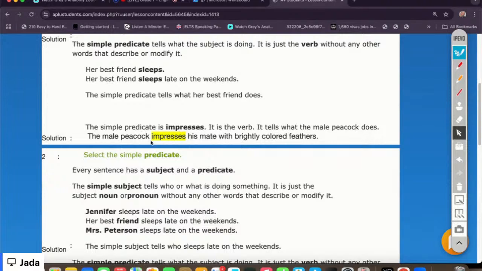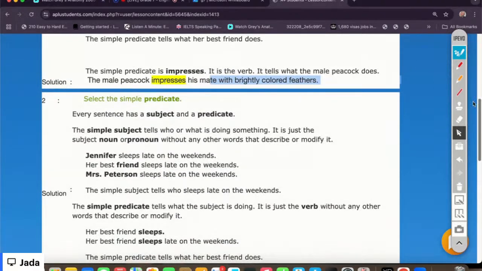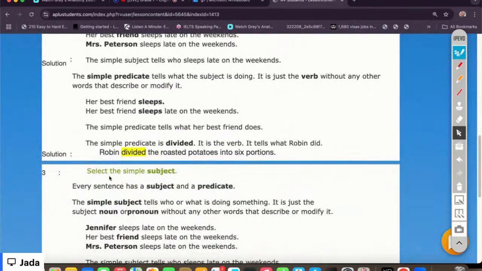All right, so just like this one, we can see that impresses is just the verb here, not the rest of the words. Now, this also says select the simple predicate. Robin divided the roasted potatoes into six portions. So, the simple predicate is divided. It is the verb that tells what Robin did.